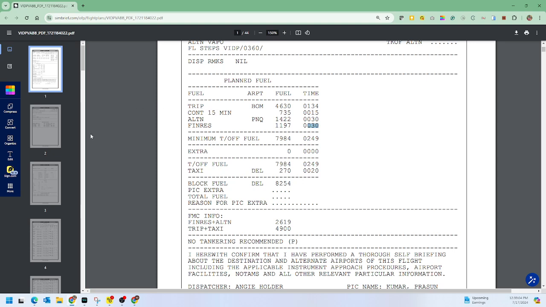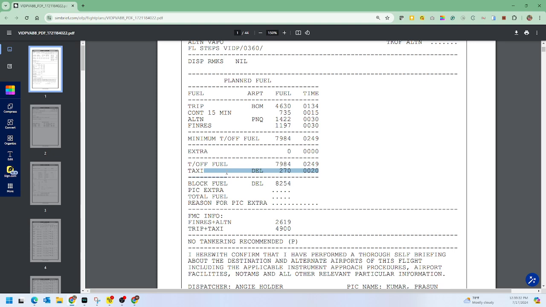Okay, so adding all this, we will require a minimum of 7984 lbs of fuel, that is 2 hours 49 minutes of fuel to complete this trip. After that we will add the extras, like the takeoff fuel and the taxi fuel.